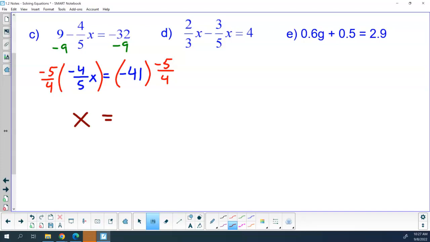And on the right side, you'd get 205/4. 205/4 multiplied by negative 4/5 would be negative 41. So 9 minus 41 gives me negative 32. Yep, checks out.